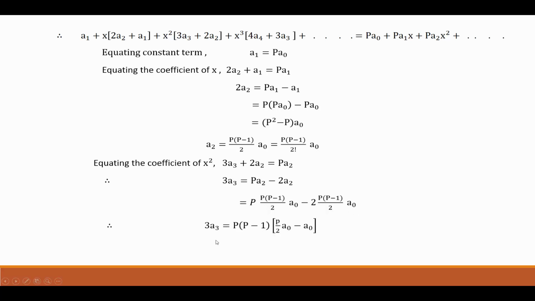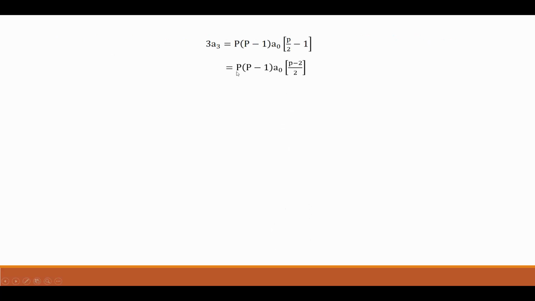Therefore we get 3a3 equal to, from these two terms p minus 1 common, inside the bracket p upon 2 a0 minus a0, because these two cancel, remains only a0. Now a0 common, so we get p minus 1 a0 common, inside the bracket p upon 2 minus 1. Therefore we get p minus 1 into a0, inside the bracket LCM is 2, so p minus 2 upon 2.